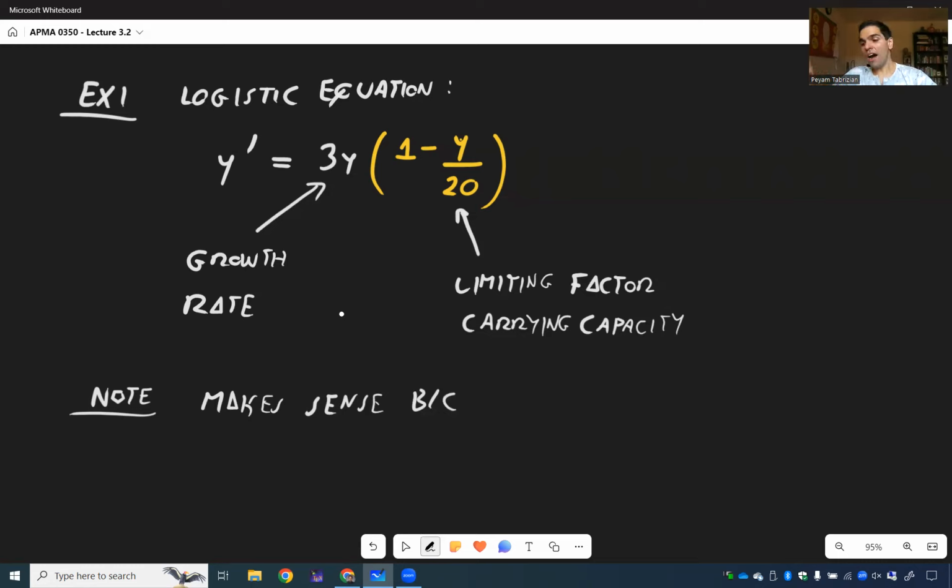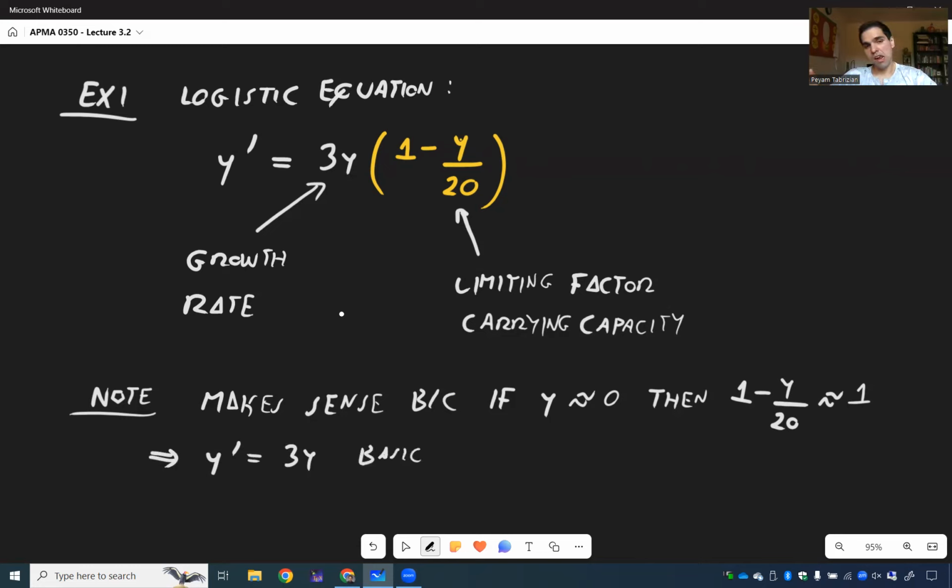Well, if we start with a small number of bacteria, so y is close to 0, then 1 minus y over 20 is close to 1. And so our equation becomes y prime equals 3y, which is our basic model.